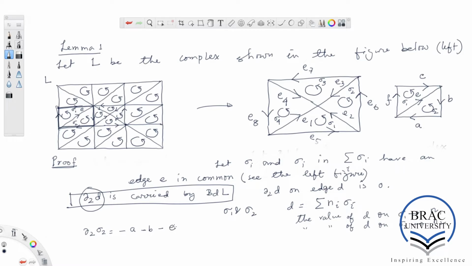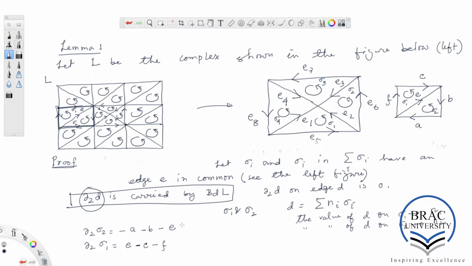This is del 2 sigma 2. Okay, this is the one chain, and we can also compute del 2 sigma 1, which is going to be equal to e minus c minus f. Okay, good.